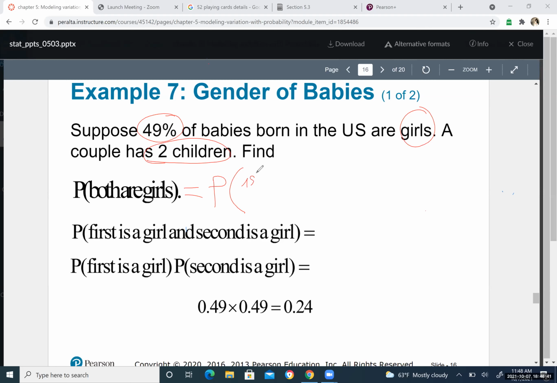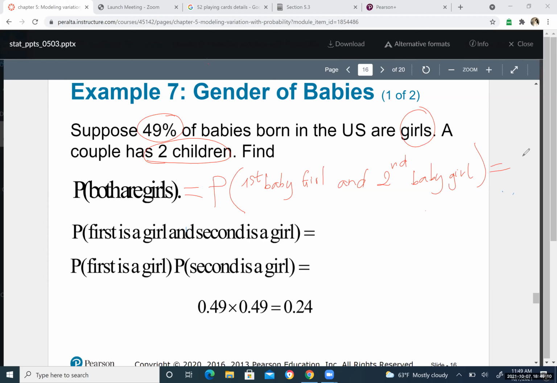So 2 children, right? It means the first baby is a girl, and they want us to find the second one is a baby girl as well. So for this case, what do we do?